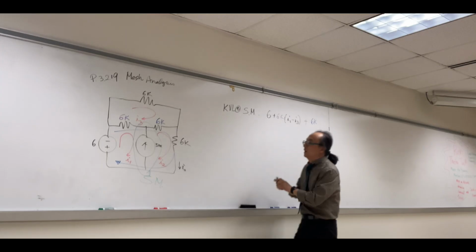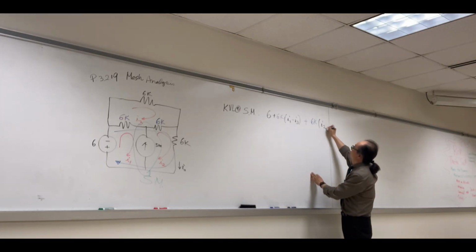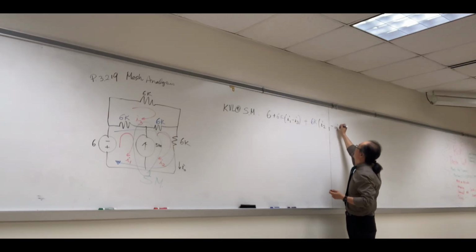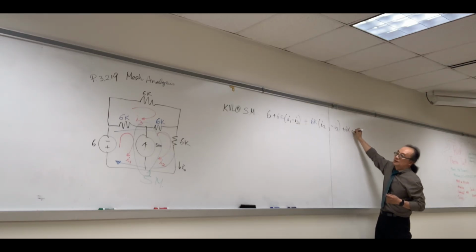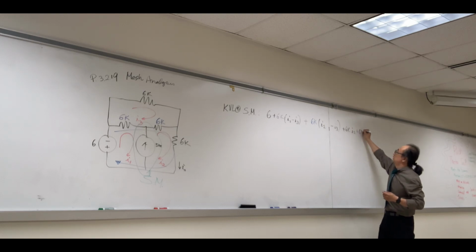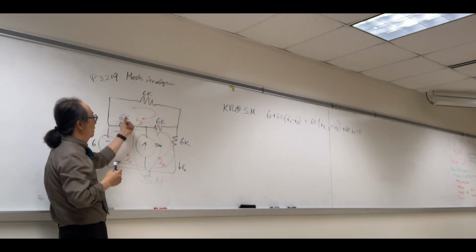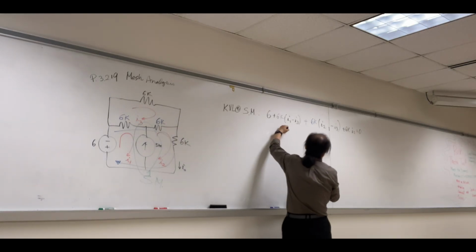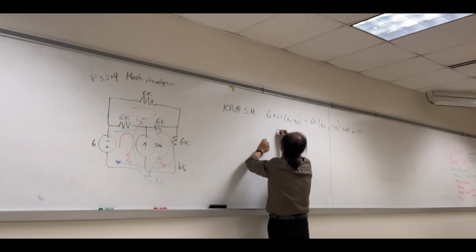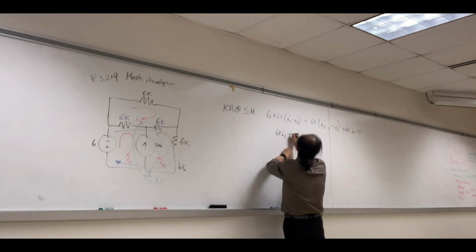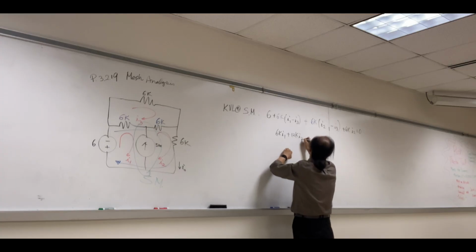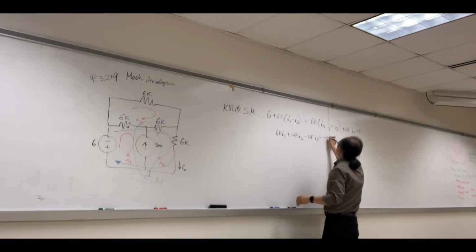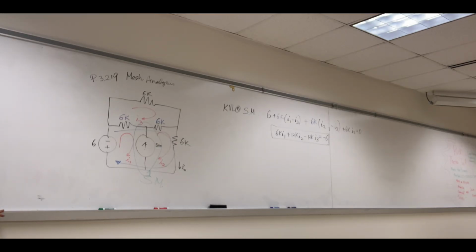So we have 6K times I sub 2, and then opposite direction at the top, minus I sub 3, and plus 6K times I sub 2 equals 0. Then we didn't use this upper loop, so we need to do KVL. Before we do that, let's simplify this. So we have 6K I sub 1 plus 12K I sub 2 minus 12K I sub 3 equals negative 6.